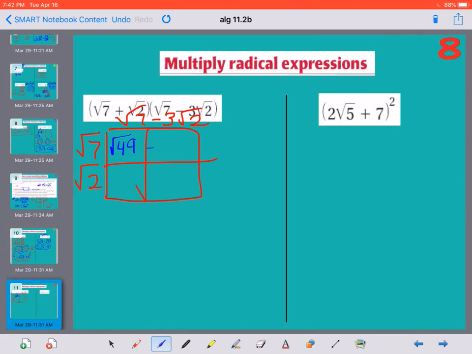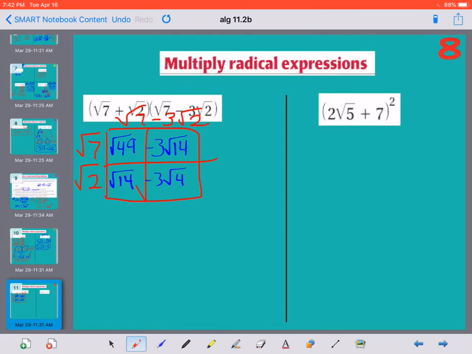This is going to be a negative 3 times the square root of 14. Here it's going to be just the square root of 14. And then finally, it'll be a negative 3 times the square root of 4.